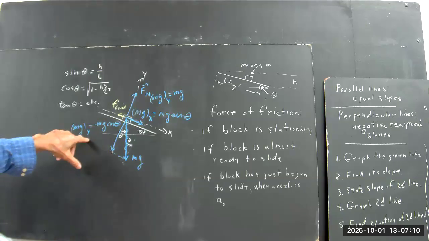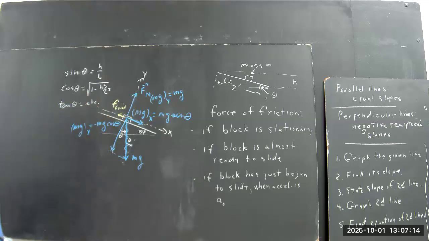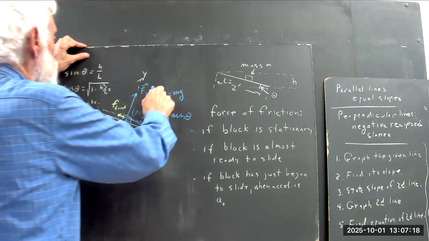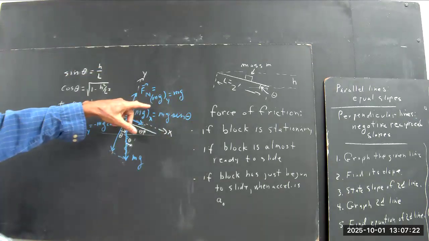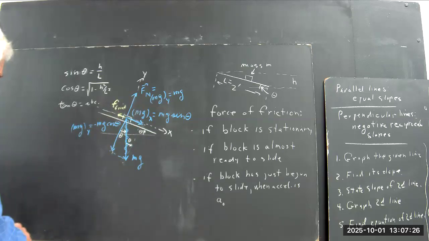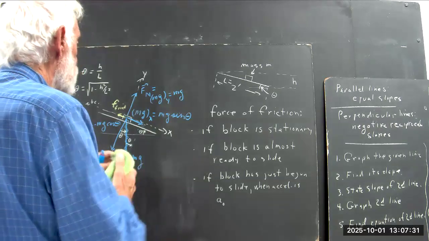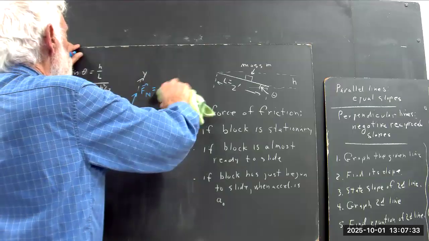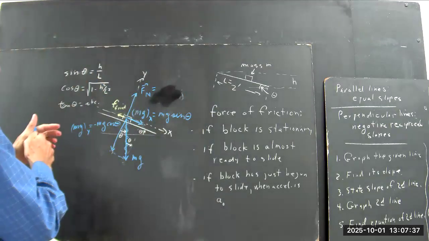Okay, I'm going to say the mg y component is negative mg cosine theta. It's clear that it's in the negative y direction. And then your normal force is not equal to mg y, because mg y is in the negative y direction.